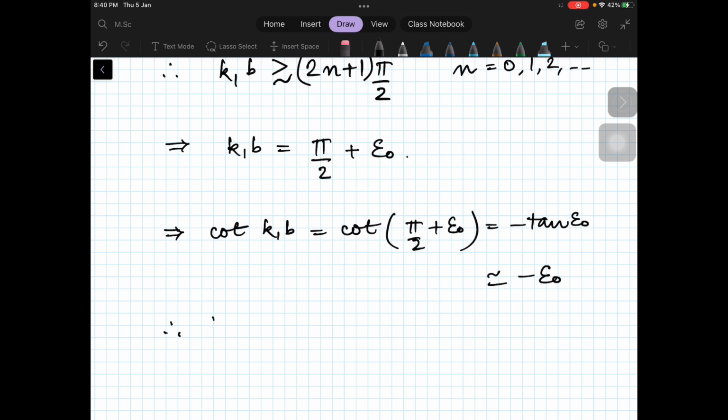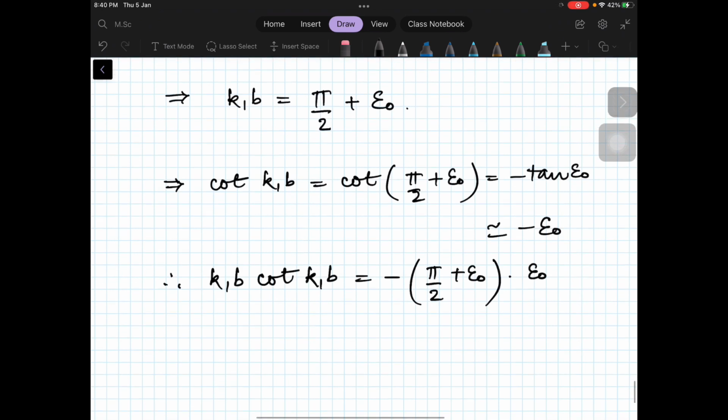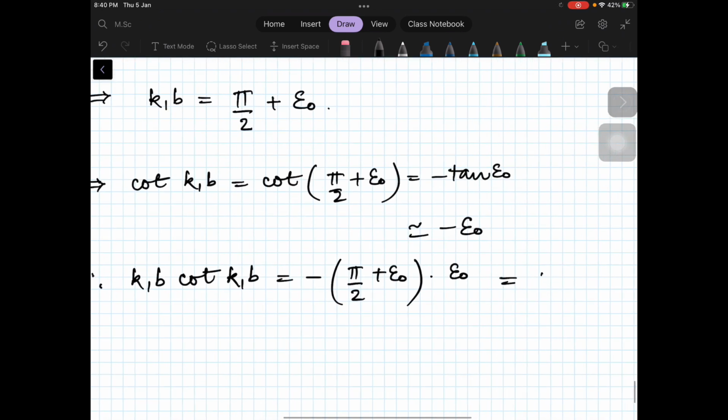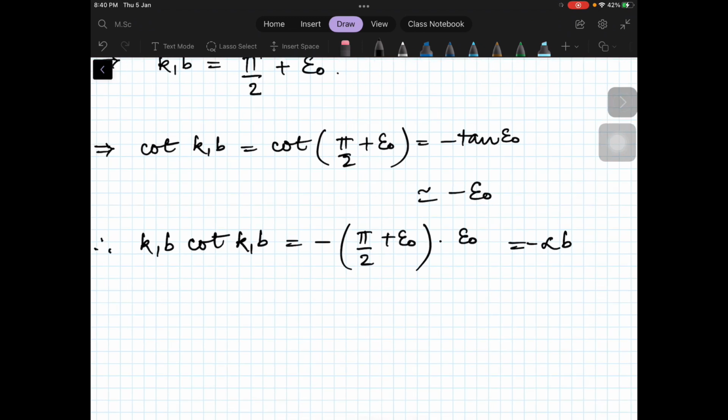So then the value of K1b times cot K1b becomes minus of pi by 2 plus epsilon naught times epsilon naught, and this value has to be equal to minus of alpha b, right? So on solving it, we know the value of alpha, we know the value of b. When we expand this equation, we get minus pi by 2 times epsilon naught minus epsilon naught whole square, which is equal to minus alpha times b.